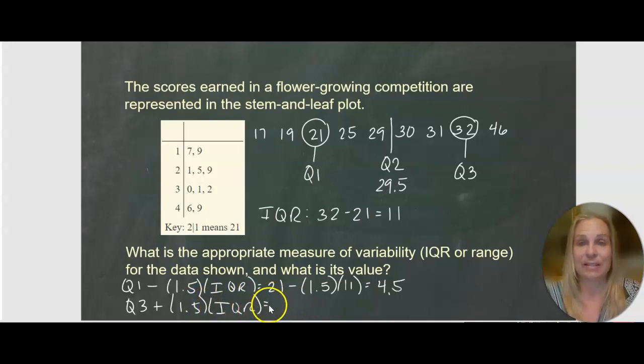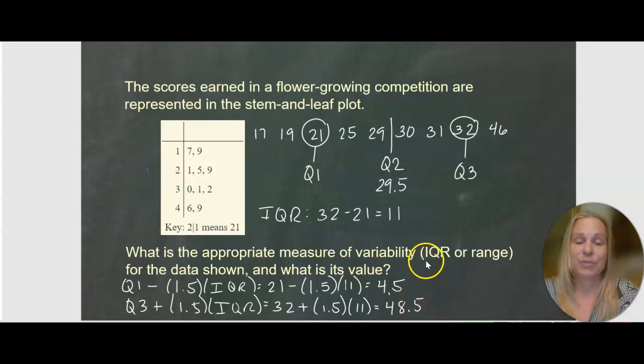And that is 32 plus 1.5 times 11. And that is 48.5. So now I'm just going to double check that. So 1.5 times 11 and then plus 32. Yes, 48.5.